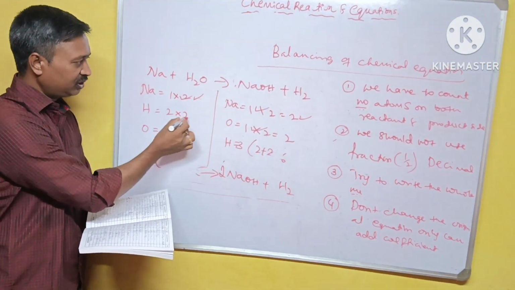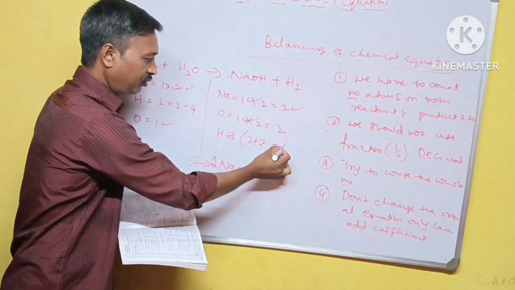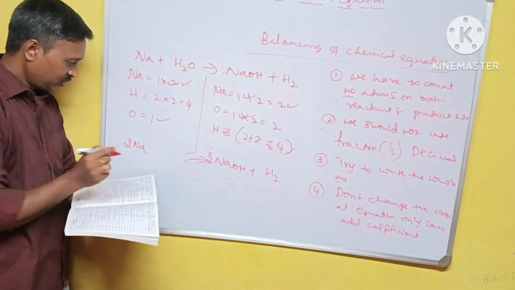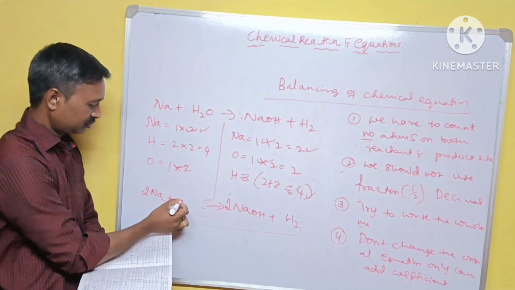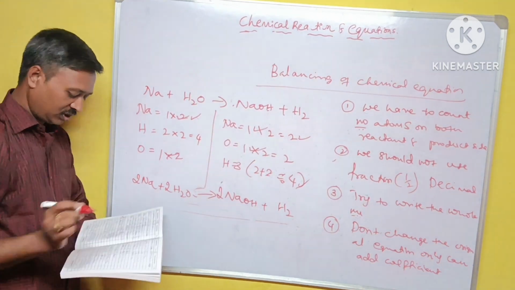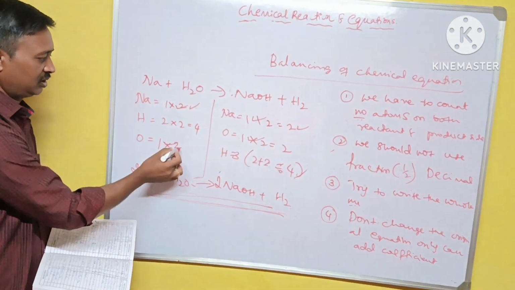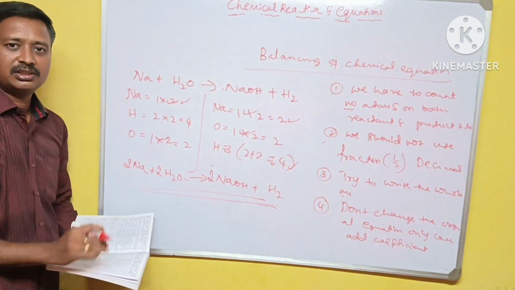You have to multiply with 2. 2 2s are 4. 2 plus 2, 4. Balanced. Now what must we do? Oxygen, multiply with the 2. 2H2O. It is the balanced equation. So 2 4 2, 2 4 2. It is balanced.